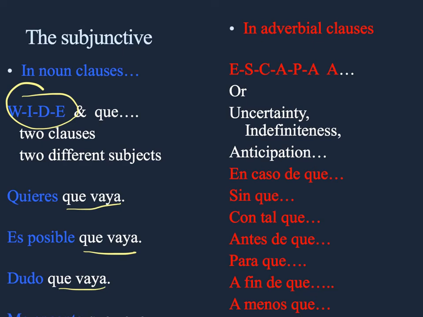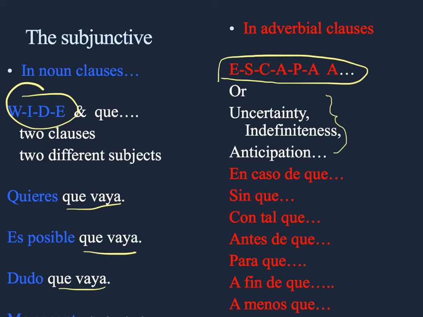And now we talk about adverbial clauses, again with a very specific group of conjunctions that will always require us to use subjunctive. Or with other kinds of conjunctions where we're going to have to make that decision based on what we're saying.